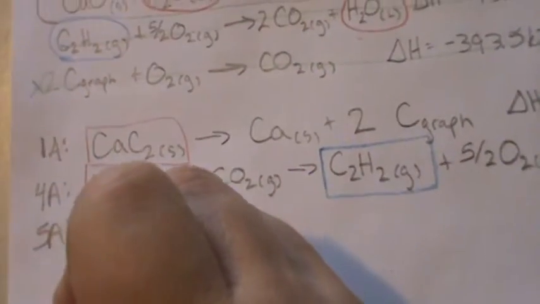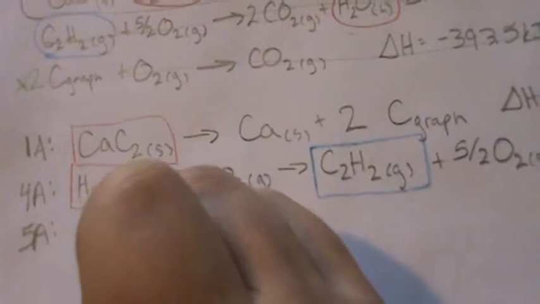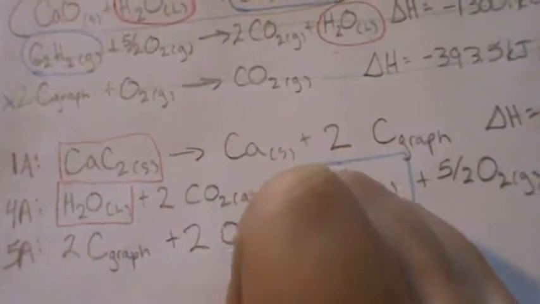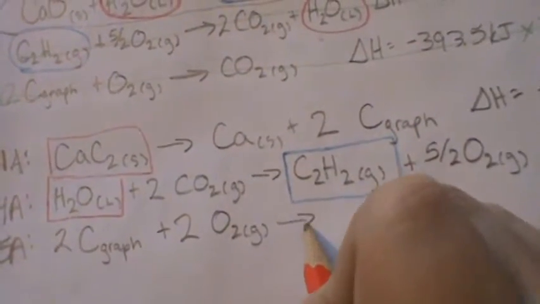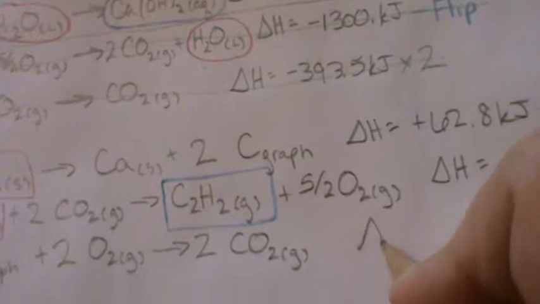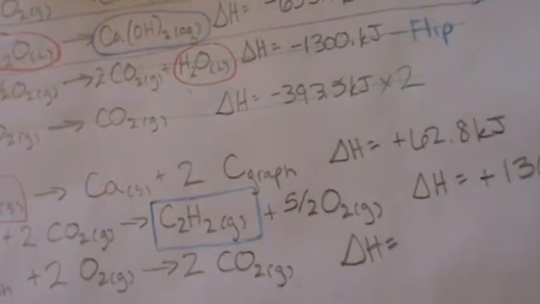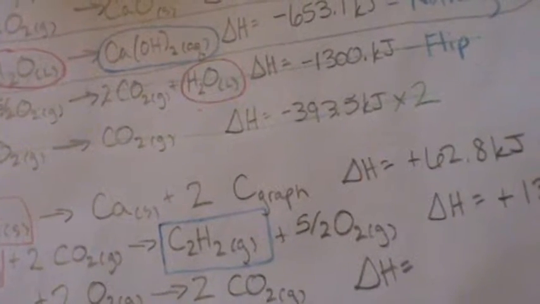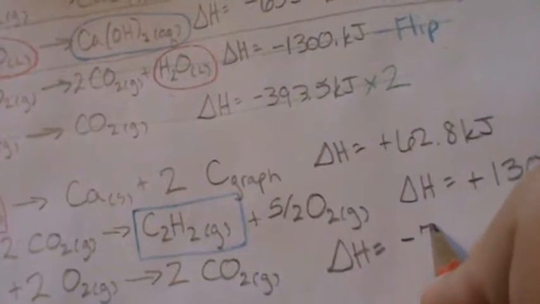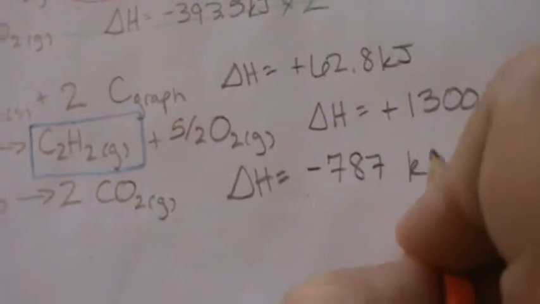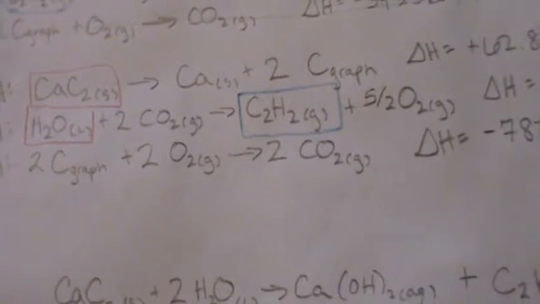And that tells us that we have 2 carbons in graphite form plus 2 O2 gas yields 2 CO2 gas. And my delta H is then doubled. So delta H becomes 393.5 times 2, negative 787 kilojoules. Okay, so I've lined that out.